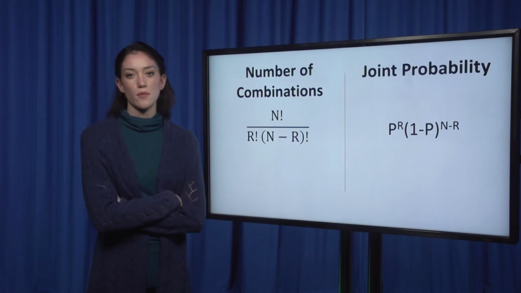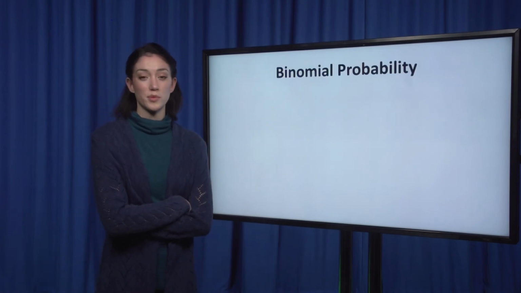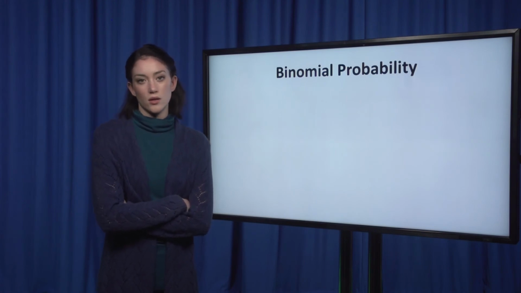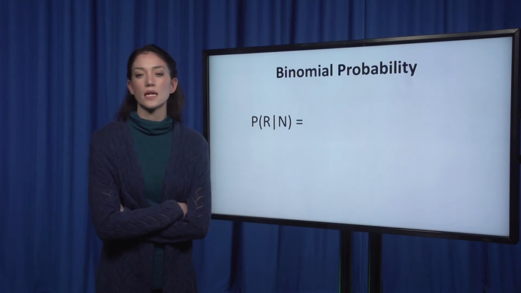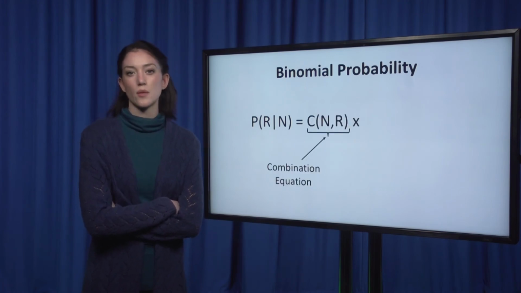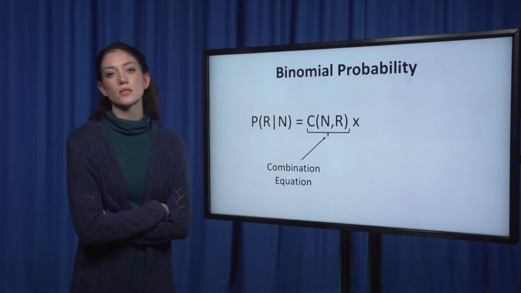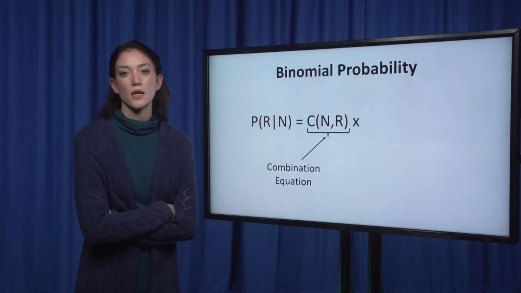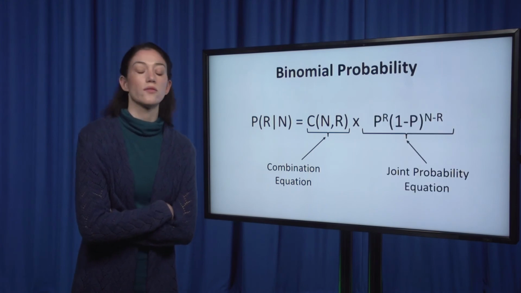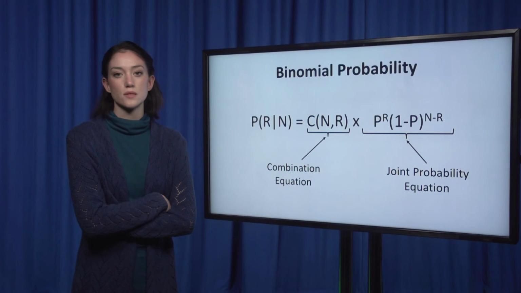As the final step in computing binomial probability, you just put those two parts together. You can figure out the probability of getting R successes out of N trials by multiplying the number of combinations for a sequence that has R successes out of N trials by the joint probability of any one of those sequences.